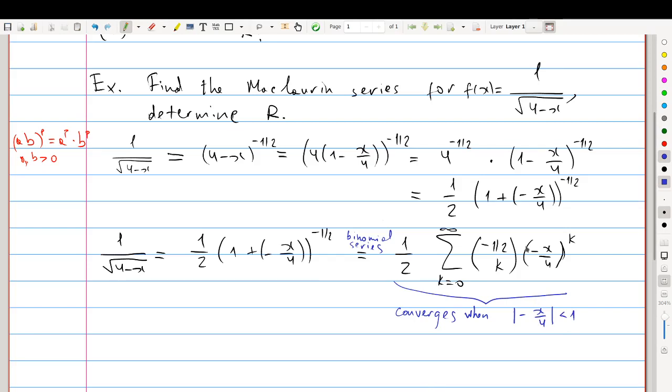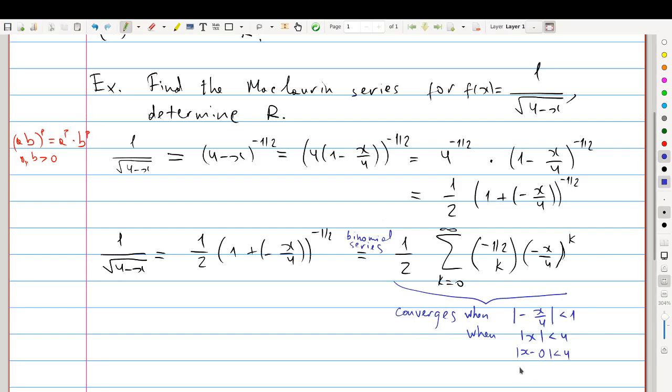And so solving this results in the following restriction on x. We just multiply both sides by 4. The minus sign inside the absolute value just goes away. And we have the convergence region for this series. Of course, we can think of this as |x - 0| < 4.